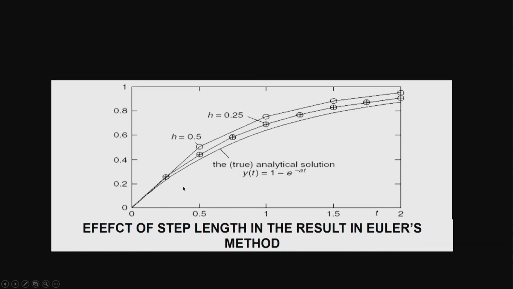If I have a larger step length, like I showed you in the Excel, suppose this is the true value, this is the true value. If I have larger step lengths, especially for an equation like this, 1 minus e power minus at, 0.25 step length, as you can see, it is deviated. If I take 0.5 as my step length, you can see it is deviated much more.